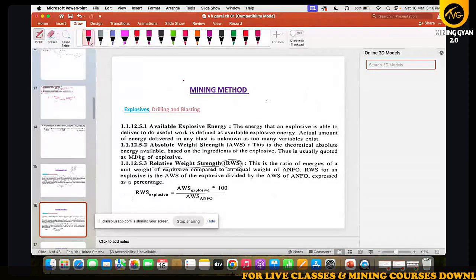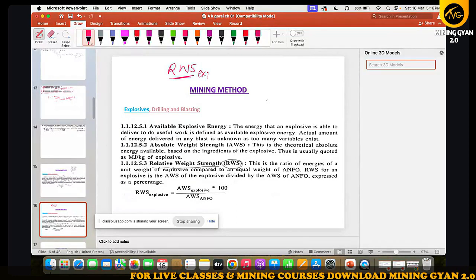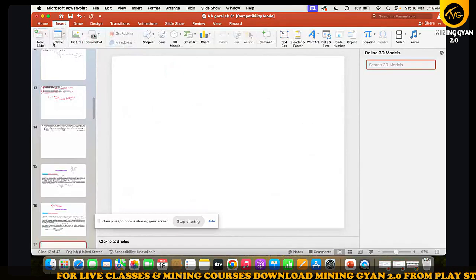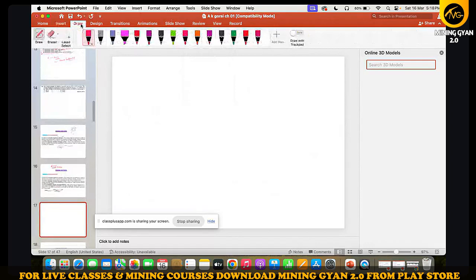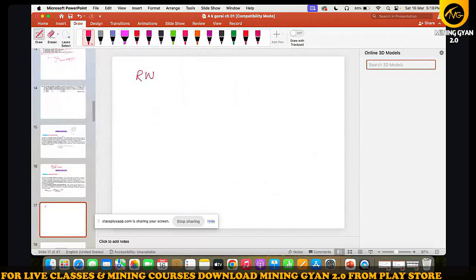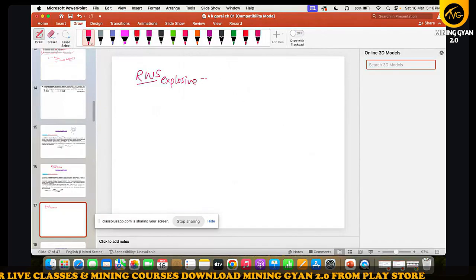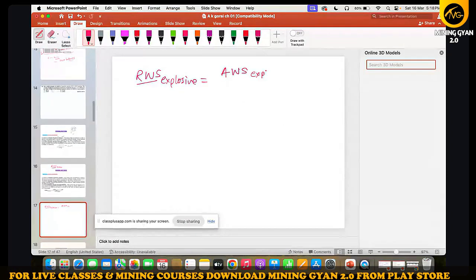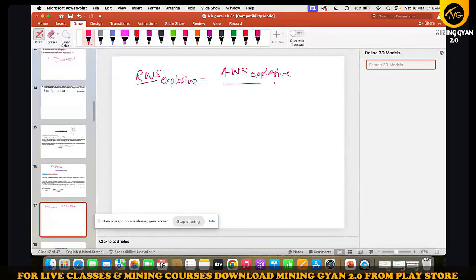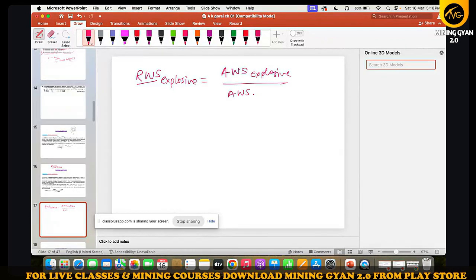तो यहाँ पे क्या होगा, अगर आपको रिलेटिव वेट स्ट्रेंथ निकालना हो किसी एक्सप्लोजिव का, if you want to calculate relative weight strength, then you should know AWS of explosive and AWS of ANFO.